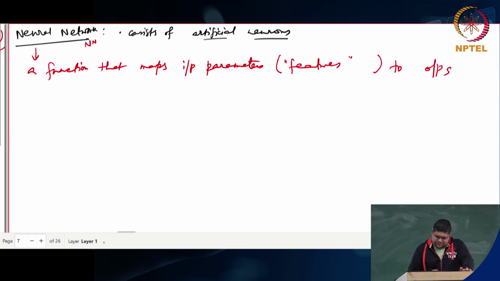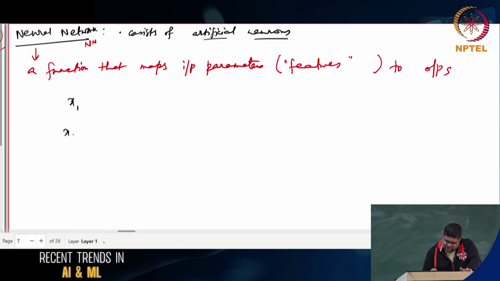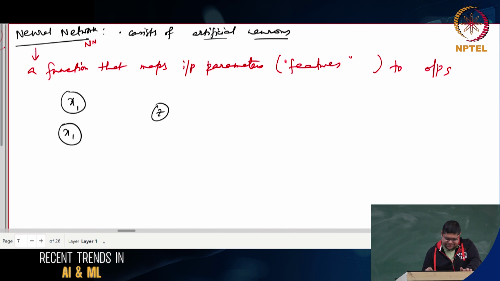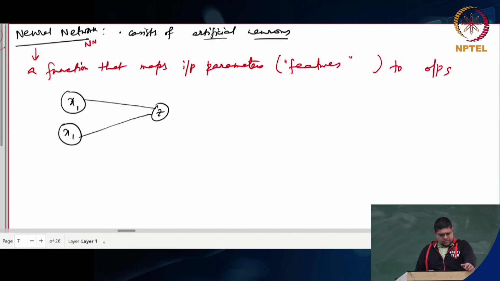Okay. So here we will have, look carefully at this diagram. I will draw this multiple times: x1, x2, and this will be your z. So there will be connections in between. Suppose these are neurons.